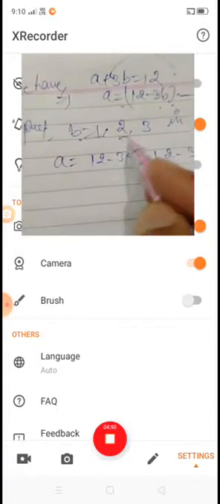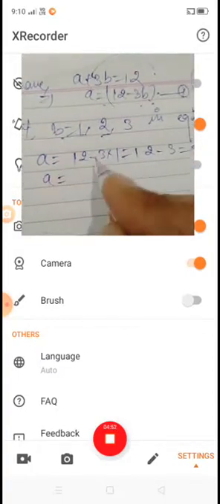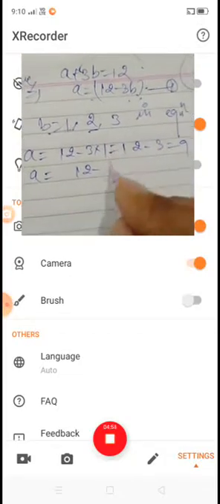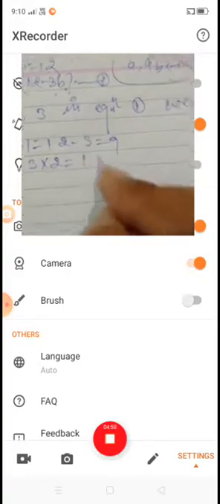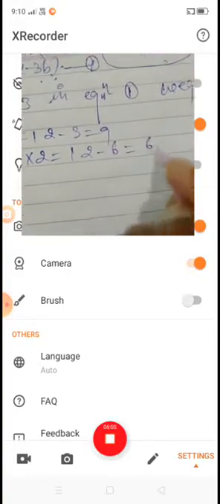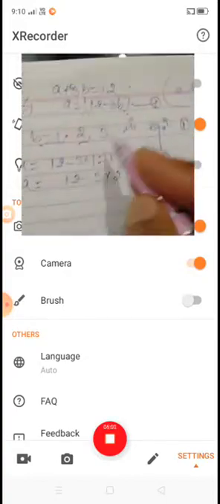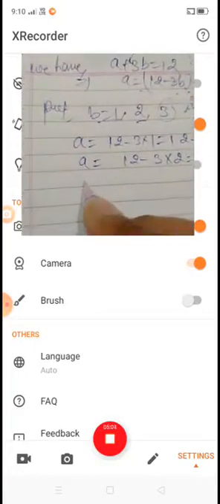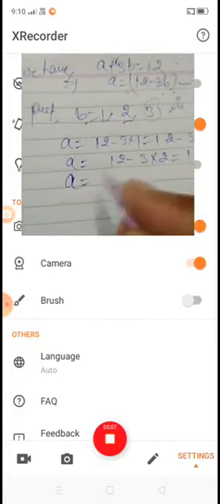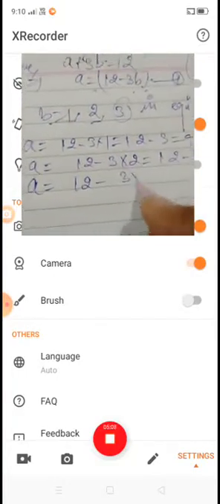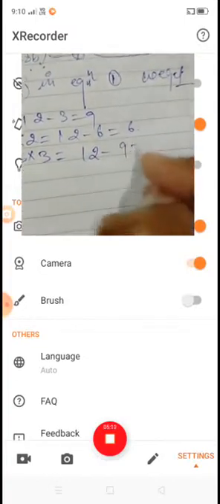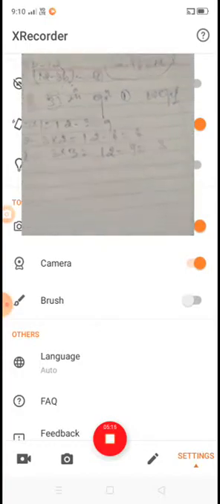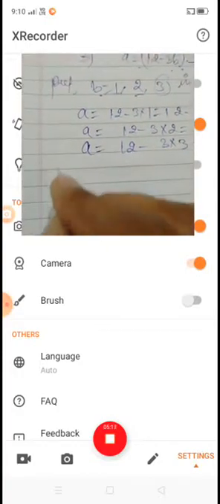When we put B is equal to 2, we get A is equal to 12 minus 3 into 2, which is 12 minus 6, that is 6. Now we put B is equal to 3, so 12 minus 3 into 3 is 12 minus 9, that is 3.